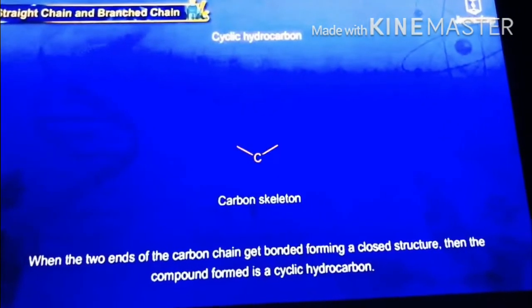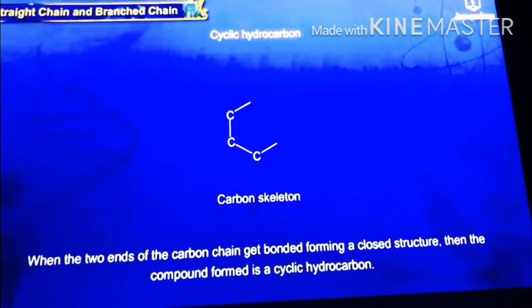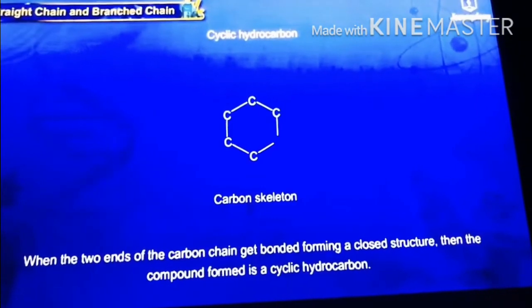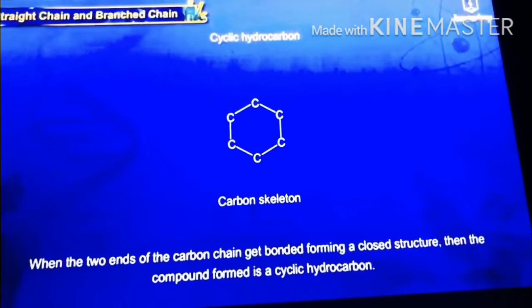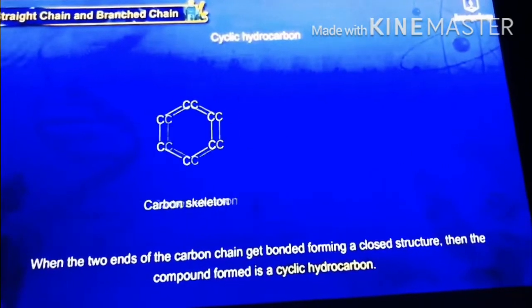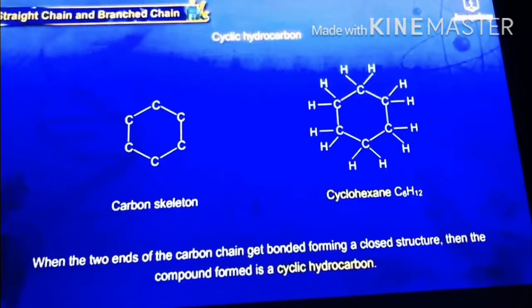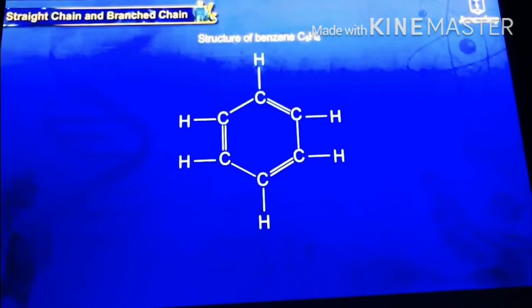When the two ends of the carbon chain get bonded, forming a closed structure, then the compound formed is a cyclic hydrocarbon. For example, cyclohexane C6H12 is a cyclic hydrocarbon. Structure of benzene C6H6.